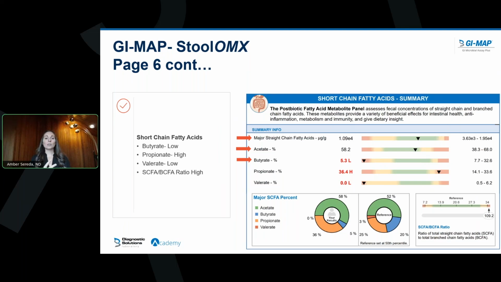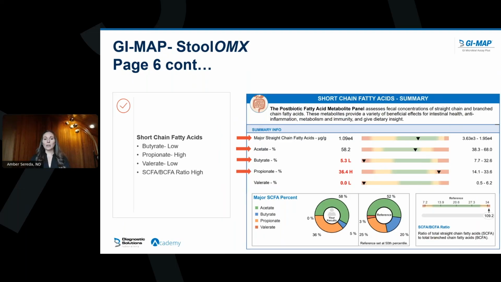So again, this is going to mean that there's low availability of food or energy for those colonocytes, which can lead to impaired barrier function and contribute to inflammation. And remember, feeding those has a big role in helping with uric acid excretion.